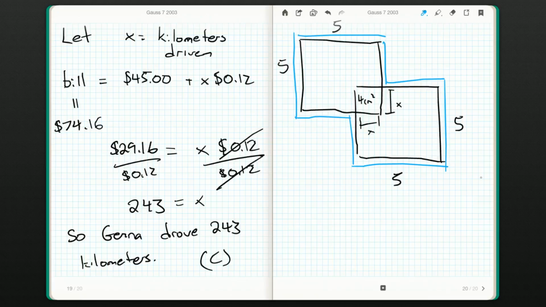There's a bunch of 5s, and then there are these smaller lengths, which we will mark in red. It's a length of 5, but we subtract off this x, whatever the side length of the smaller overlap square is. And it's the same everywhere.